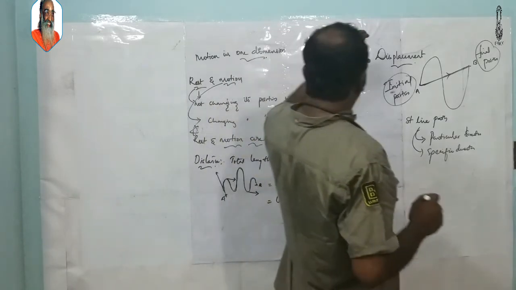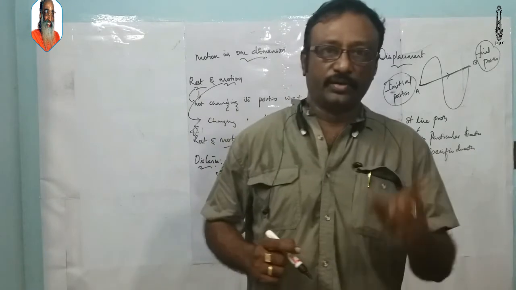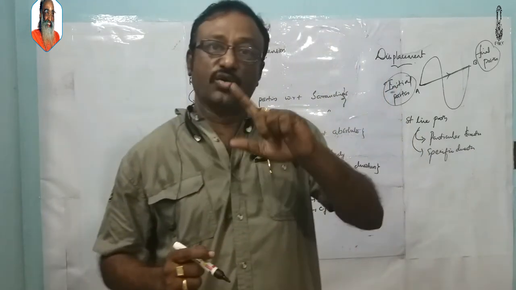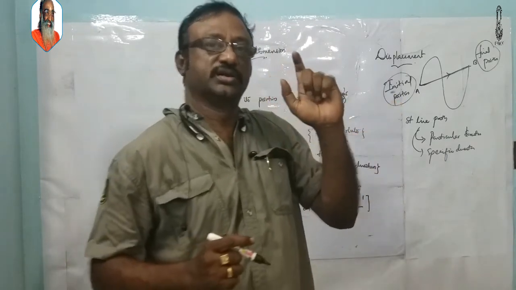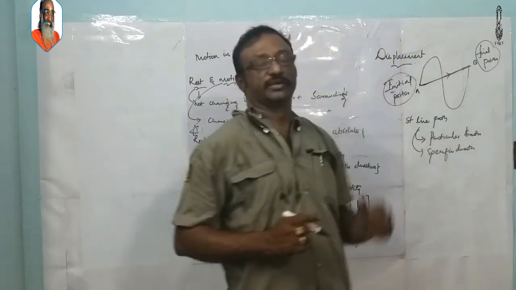Displacement is a physical quantity, and to represent a physical quantity we need magnitude. Here, magnitude alone cannot give the complete sense of the displacement. We have to specify its direction, in which direction it is moving.